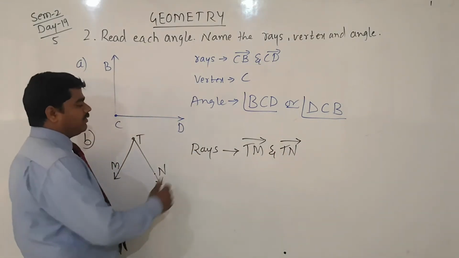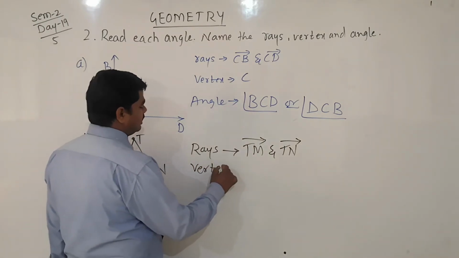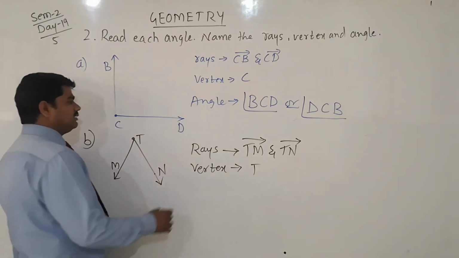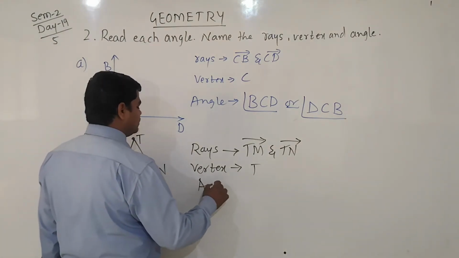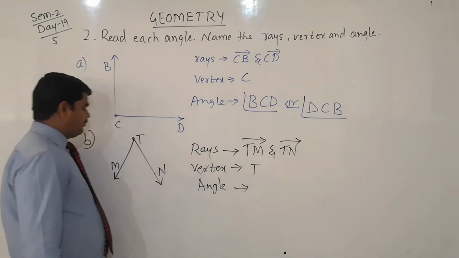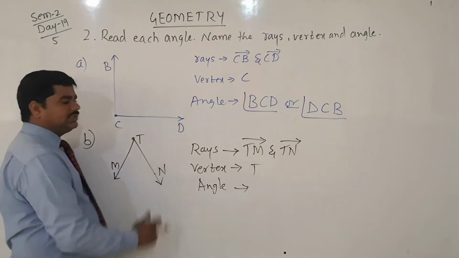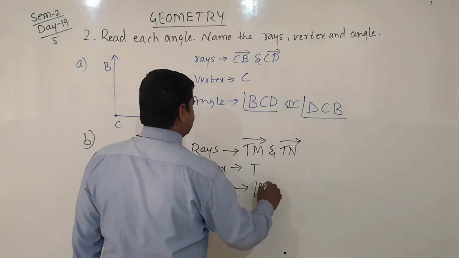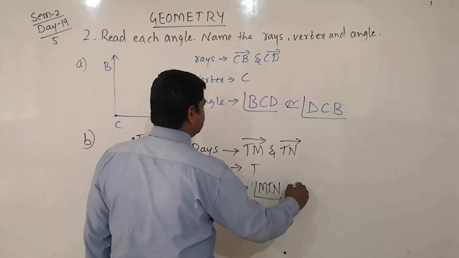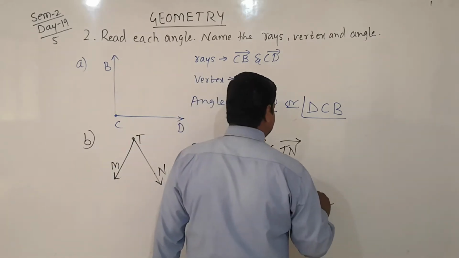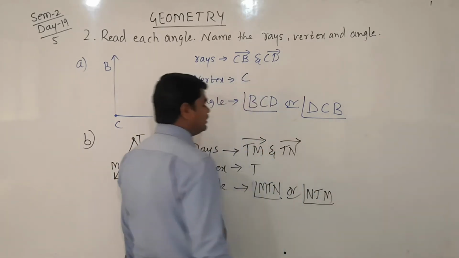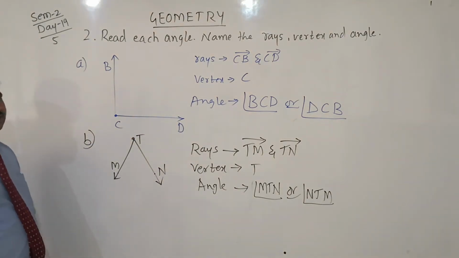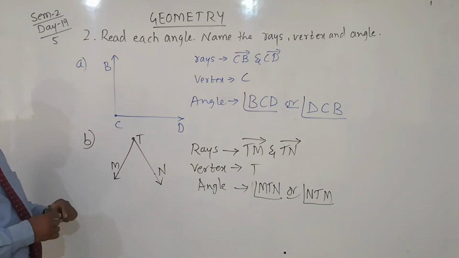And next vertex is T, correct, the common endpoint. Next angles. Which is the angle? MTN or NTM. NTM is the angle. Clear? Yes. Write down. Write neatly.